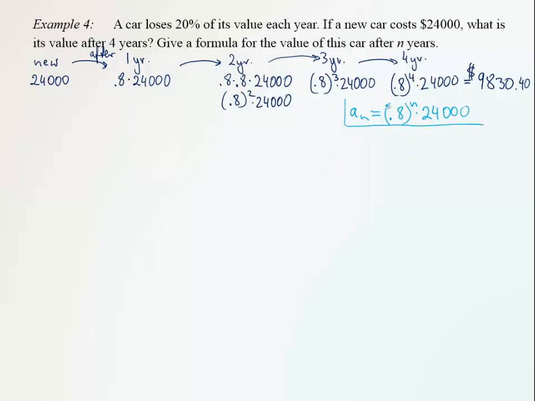So using this formula, we can find out the value of the car, let's say, after 10 years or 15 years. We don't have to list the terms of the sequence. We can just jump to the particular term at once. So this formula gives us the value of the car after the nth year.